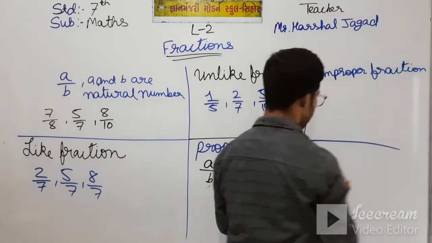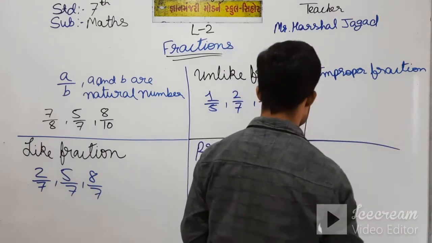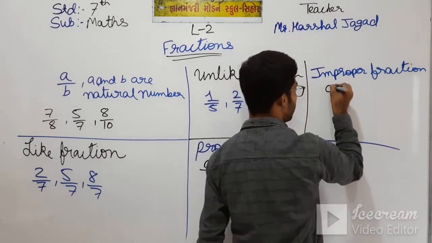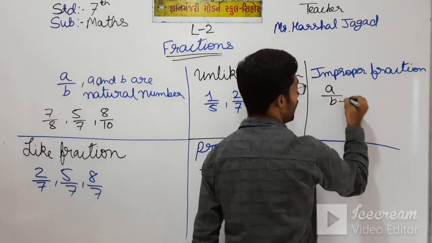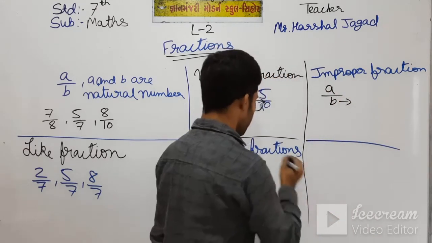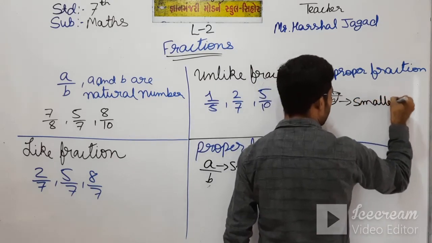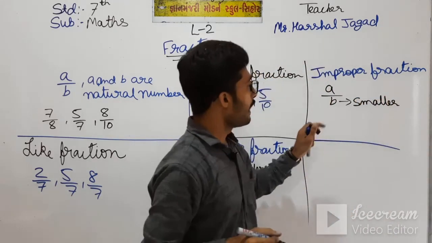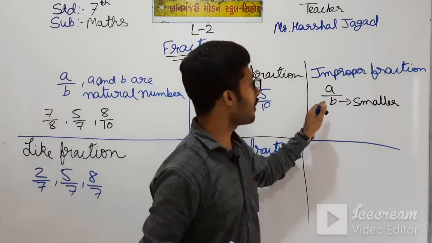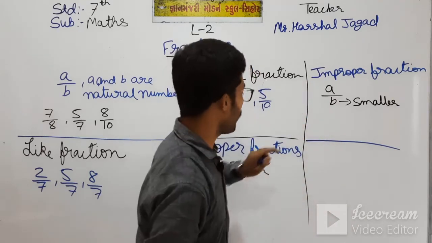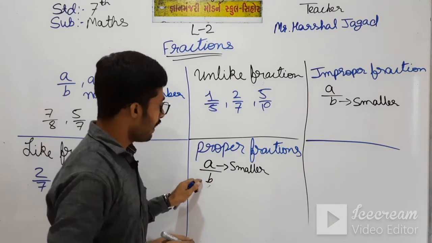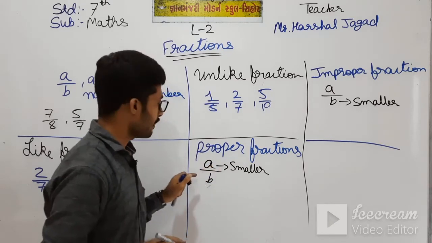Here the numerator is greater than the denominator, meaning A value is big. Here B value is smaller than A in an improper fraction. In a proper fraction A value is smaller than B.